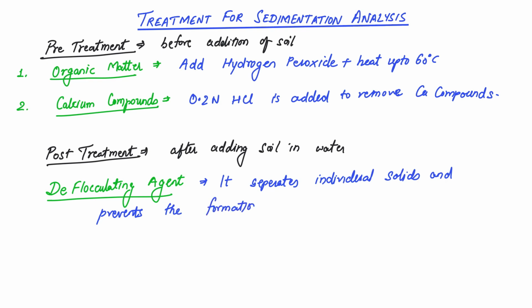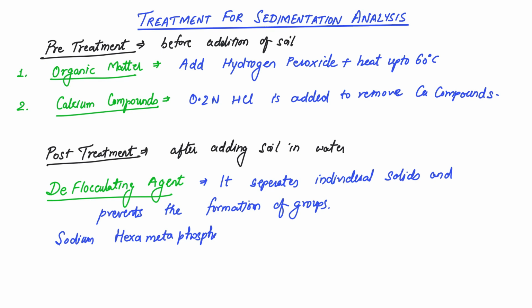For the deflocculating agent, we also studied the correction in our previous lecture. Now, what are the chemicals that are added as a deflocculating agent? That can be asked in your examination also. For the deflocculation, you can add sodium hexametaphosphate.